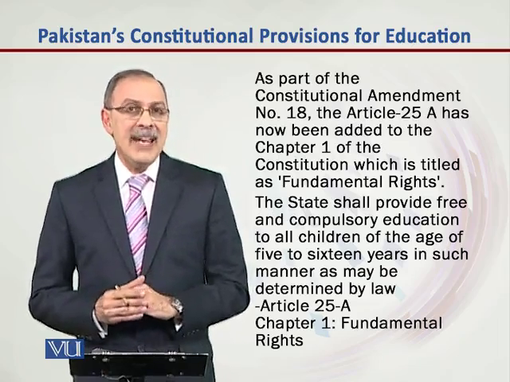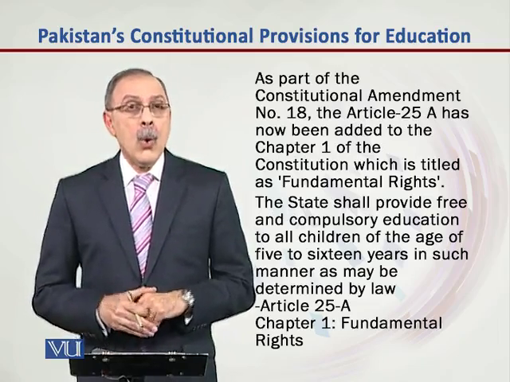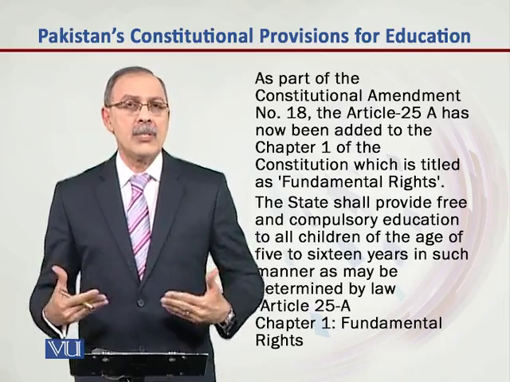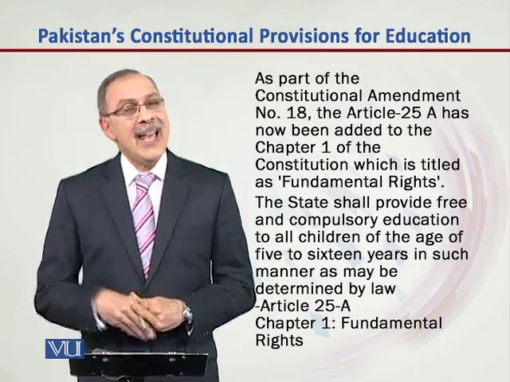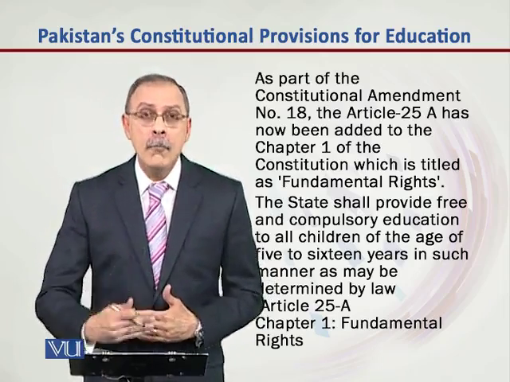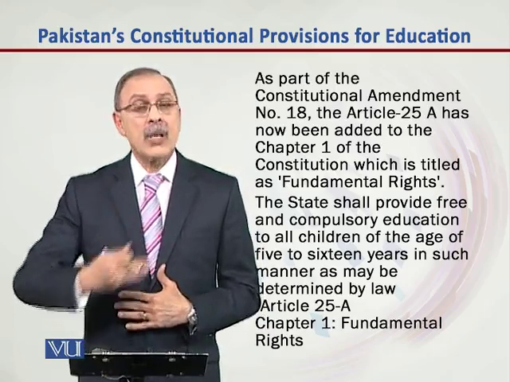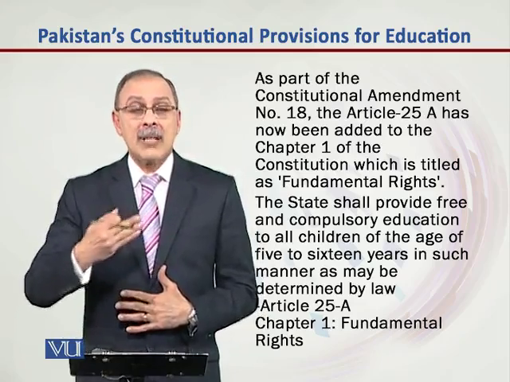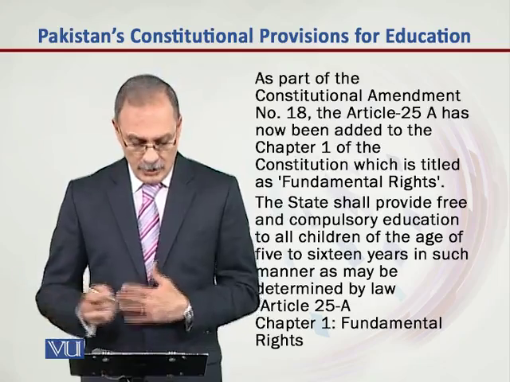There's some vagueness in the article: determined by law. Which law? What law is going to determine what that education is supposed to be? And I think that's the job that the Constitution left open to the policymakers of the country, to see what kinds of education should be made available to these children.